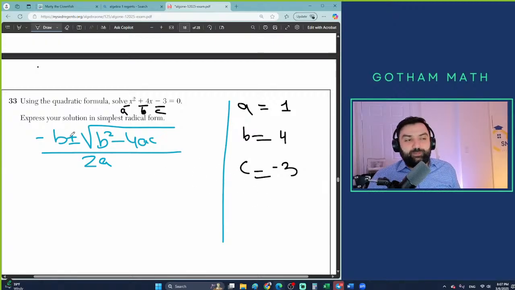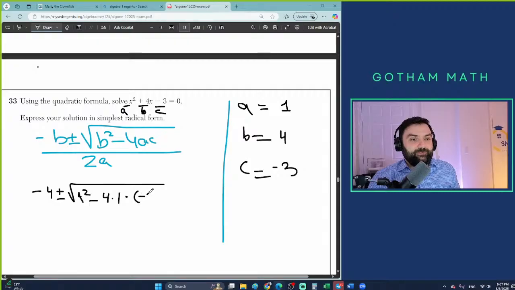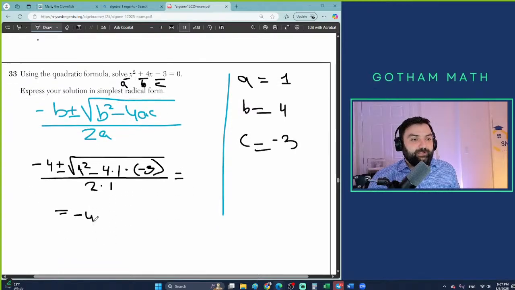And all we have to do is plug them into this formula. So let's go. Negative b, which will give us negative 4 plus minus square root 4 squared minus 4 times 1 times negative 3, and it's all over 2 times 1. Let's do the calculations. Negative 4 plus minus square root, 4 squared is 16.